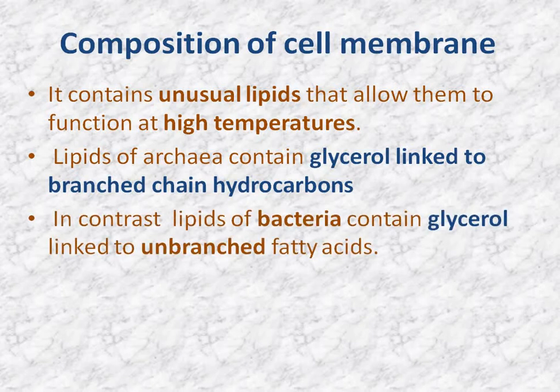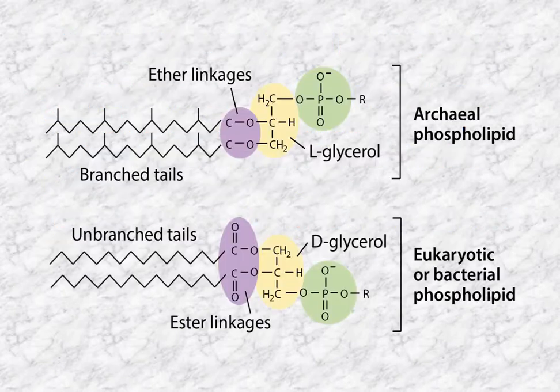And this is a figure that shows the difference between the phospholipid of archaea and the phospholipid of bacteria and eukaryotes. As you can see, this is a glycerol to which these two fatty acid chains or hydrocarbons are attached, and these are representing the branches.